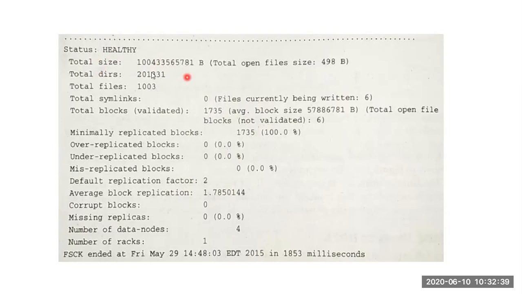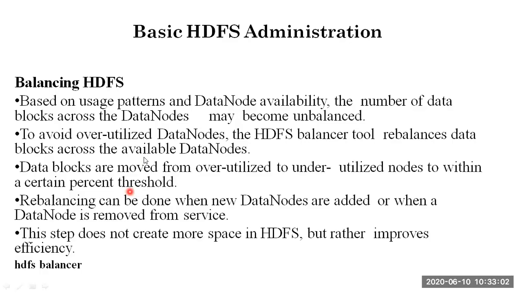The total size is approximately 498 bytes. And how many total directories there are, and total files, total symlinks, total blocks validated, minimally replicated blocks, over replicated blocks, under replicated blocks, corrupt blocks. And also you can see that FSCK ended on Friday, May 20 at some time.